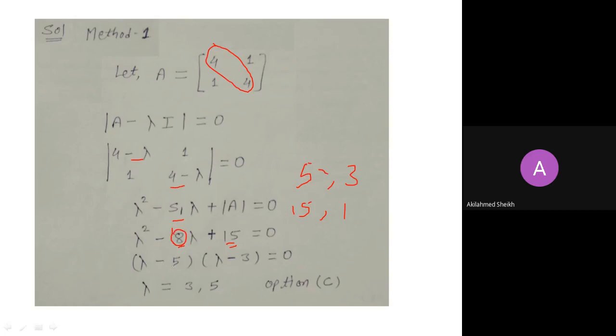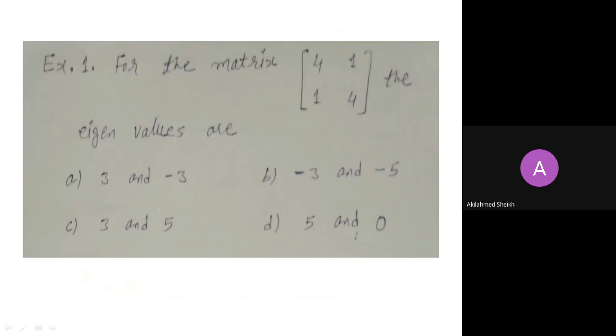So we take lambda minus 5, lambda minus 3, means the sum of these terms should be there and the product of these terms should be there. So lambda equals 3 and 5. This is option C. The correct option is C.